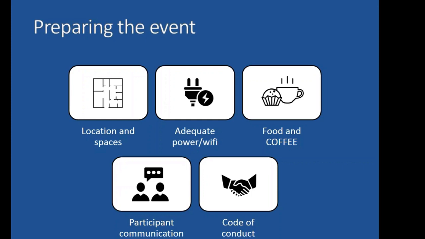A really basic consideration is you're going to have a lot of people over the course of 3 days with their computers. You've got to make sure there's enough power plugs for all of them, and also that Wi-Fi or other internet access is adequate to handle the traffic that will be generated through the hackathon. Food and coffee are very important.